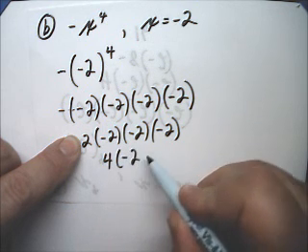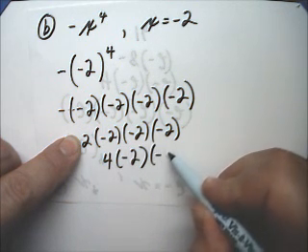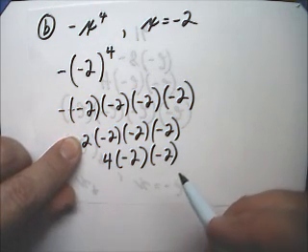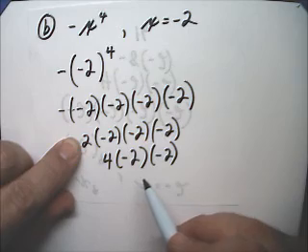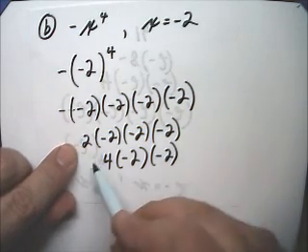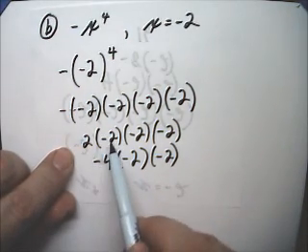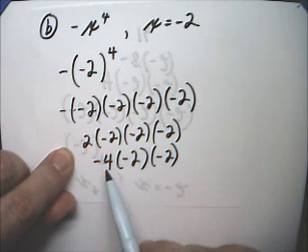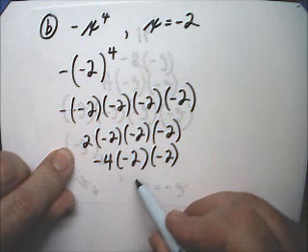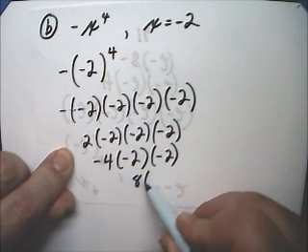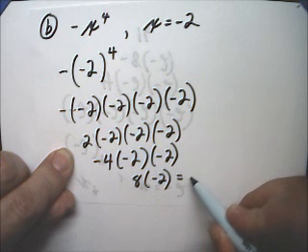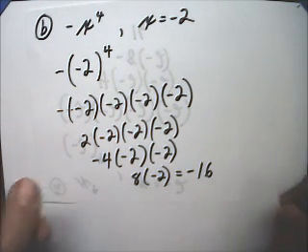Then 4 times -2 times -2. Now like I said, that's -4. 2 times the -2 is -4, and then I copied all this down. -4 times -2 is positive 8. So I have positive 8 times -2, and this is equal to -16.